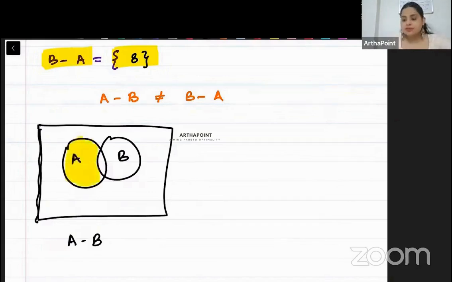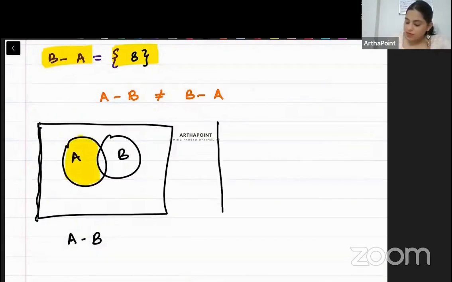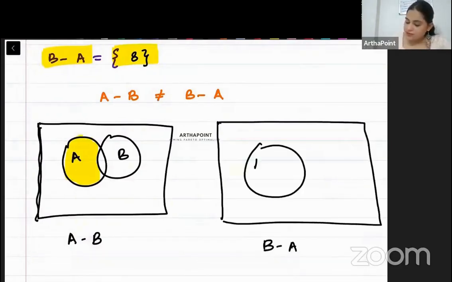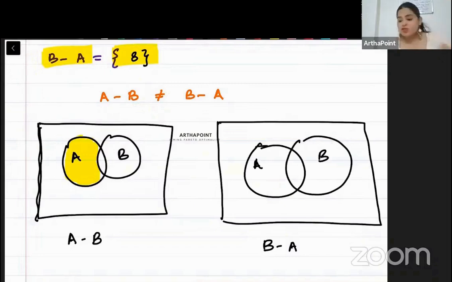But when I do B minus A, it means this is A, this is B. From B, I remove the elements of A. So beta, I am left with this. Can you see that the two are not equal? A minus B and B minus A are not equal to each other. This is exactly what we are saying, that A minus B and B minus A are not equal to each other.